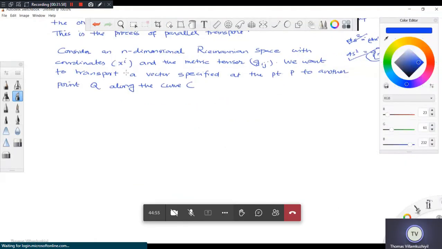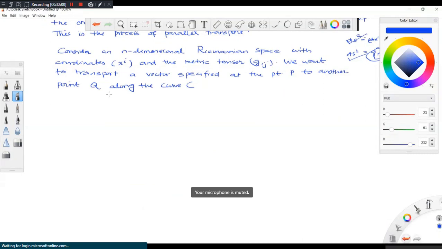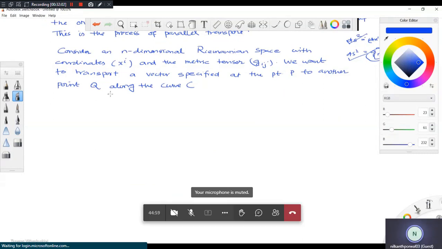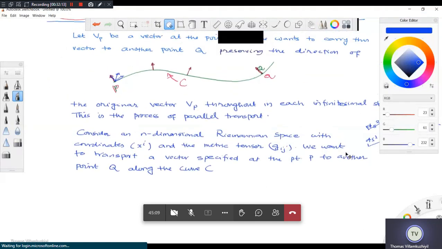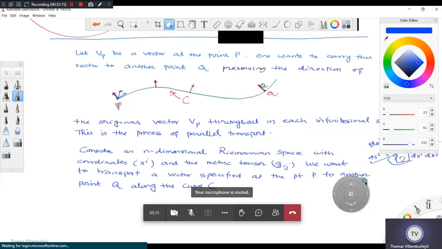Sir, in this diagram, we haven't transported parallelly, right? No, not. I just wanted to show you. Yes, you are right, I did not transport parallelly. I just wanted to show you that if it is perpendicular, then here the perpendicularity will be like this, here it will be like this.